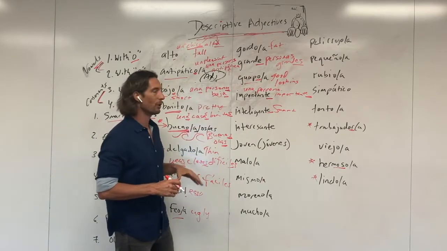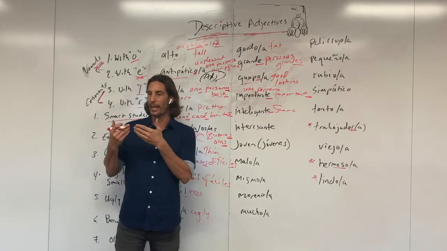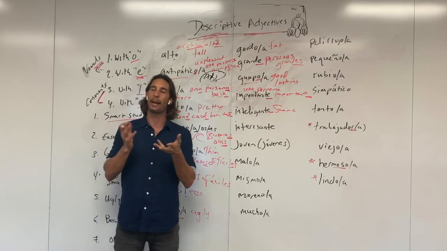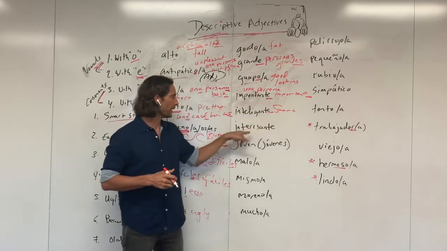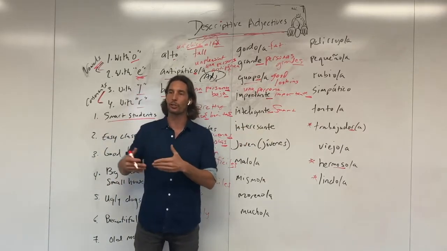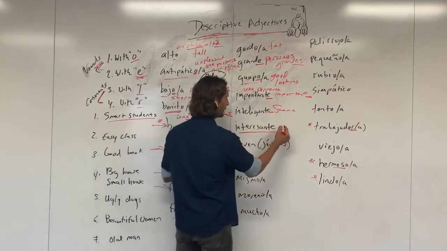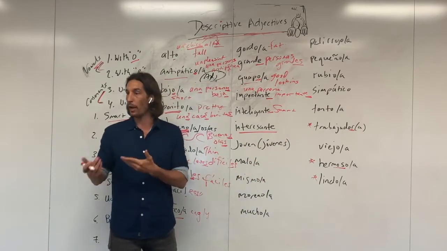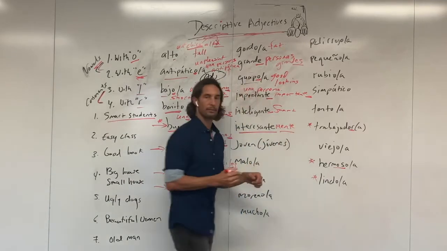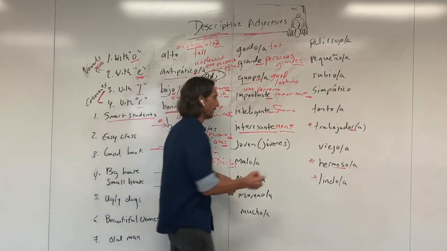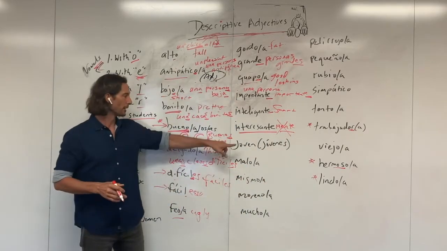Just a side note, when we get to adverbs, really you're just taking these adjectives and adding, for the most part, not all of them, but these, for example, interesante, if you want to say interestingly as an adverb, you would take this adjective, and in English, it would be your ly, but we would just add mente to it. So for today, that's neither here nor there, but they're just sitting up here on the board, so I thought I would make that known to you guys.